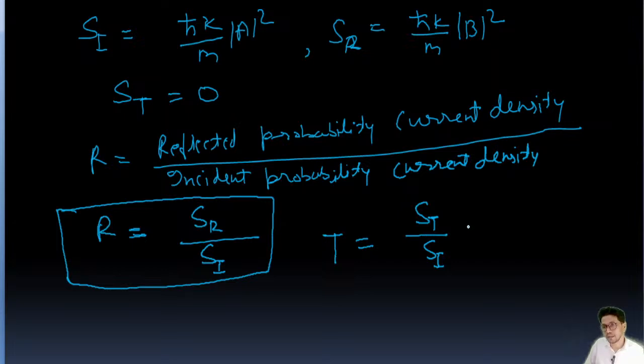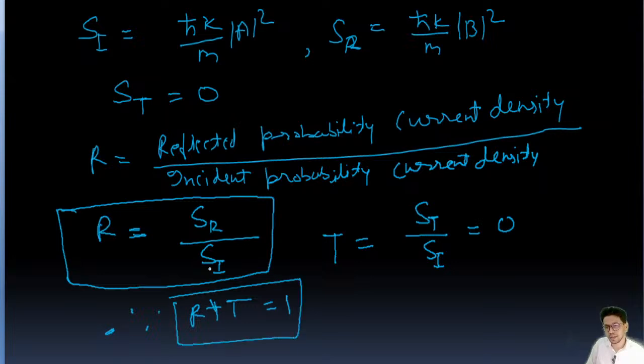Earlier I explained R plus T equal to 1. So T is 0, so R plus 0 is 1, or R is 1. The value of R we have already found, that is mod B square upon mod A square equal to 1.